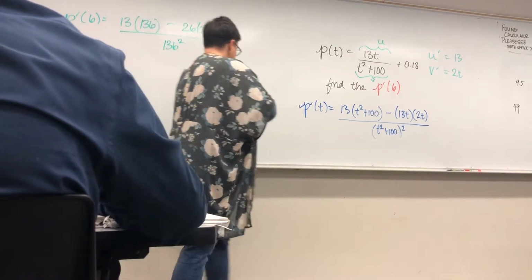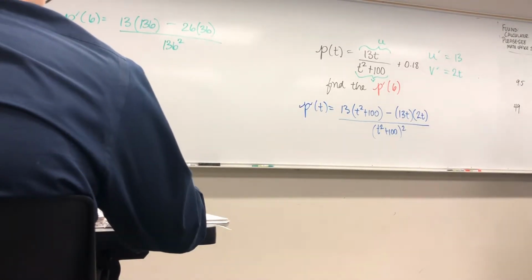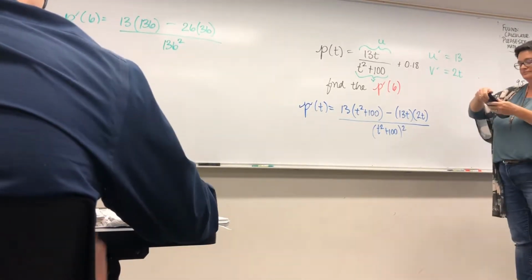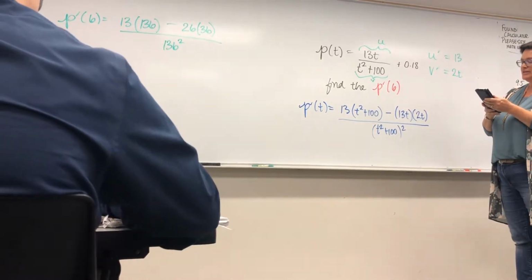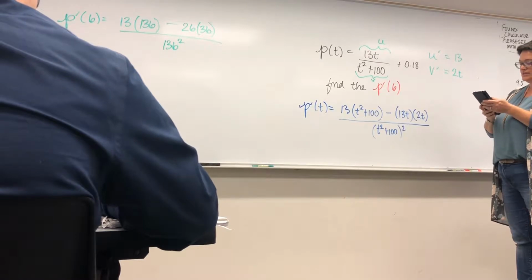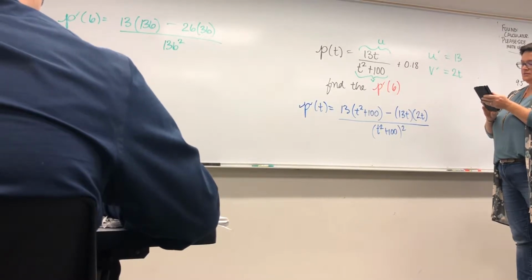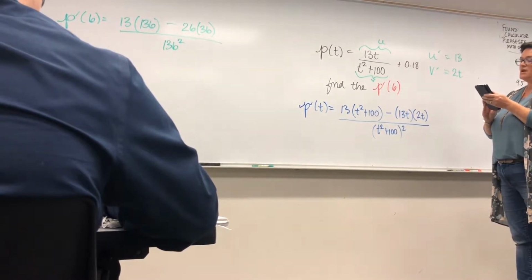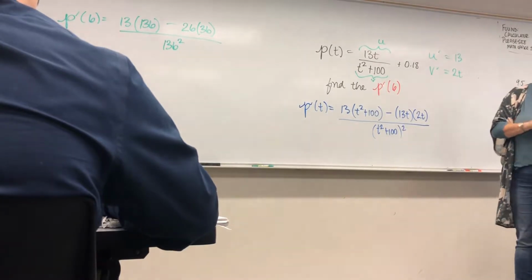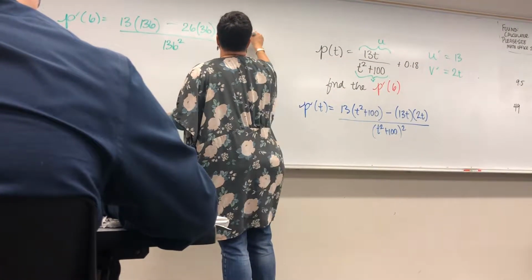That's going to make my life a lot easier. Let's see, 13 times 136 minus 26 times 36, divided by 136 squared. Okay, 0.04498. So let's read the statement of the question again.